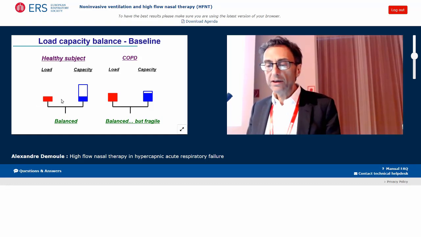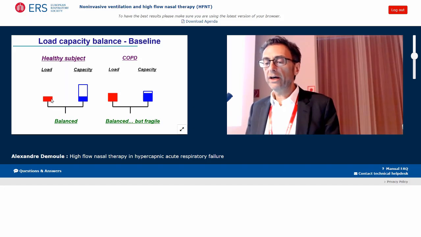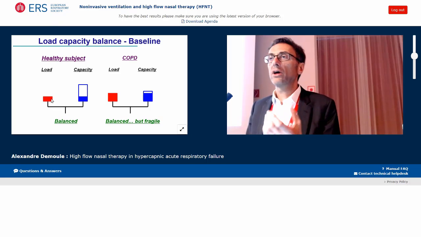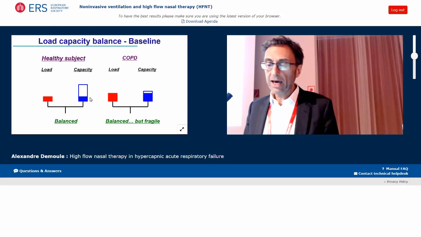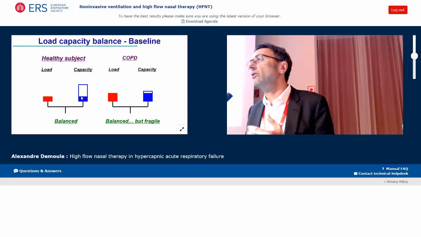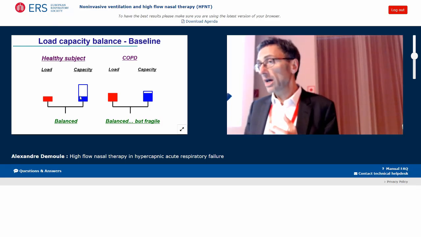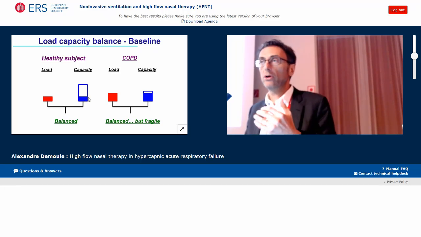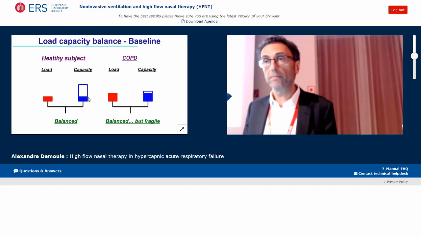As you can see here, in a healthy subject at baseline, the load is very low, so we don't use our respiratory muscles that much. And we know that we could use these respiratory muscles a lot more if needed.